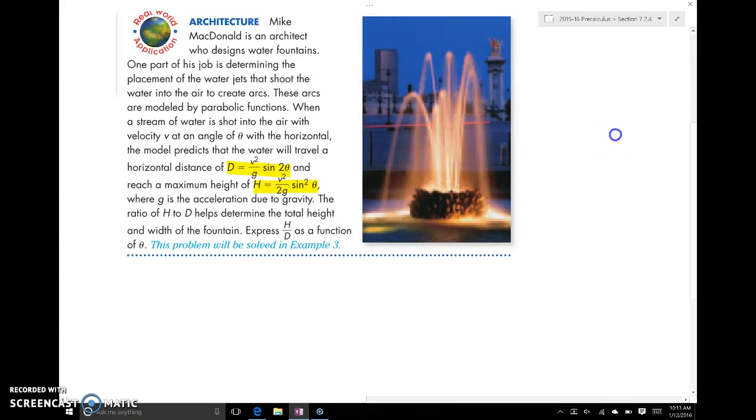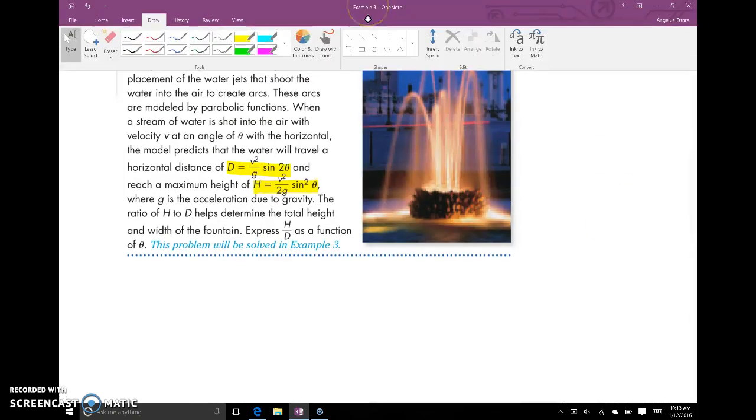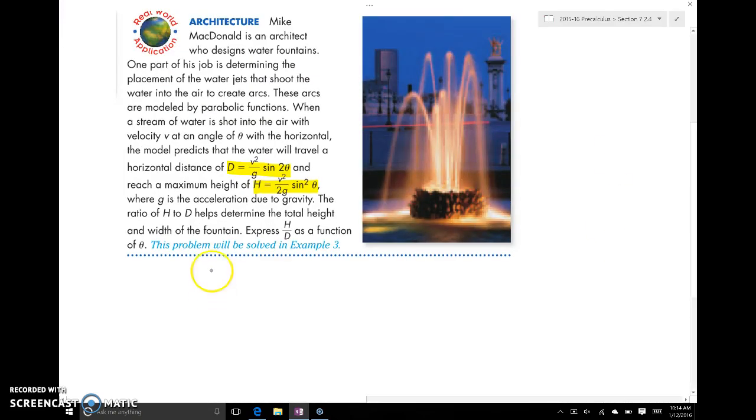So we're going to have height divided by distance. So we've got some stuff that's going to cancel out here.